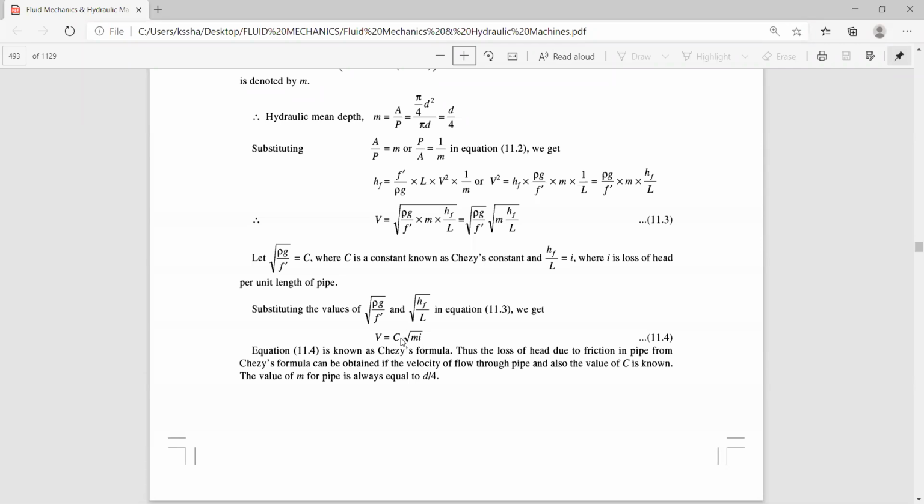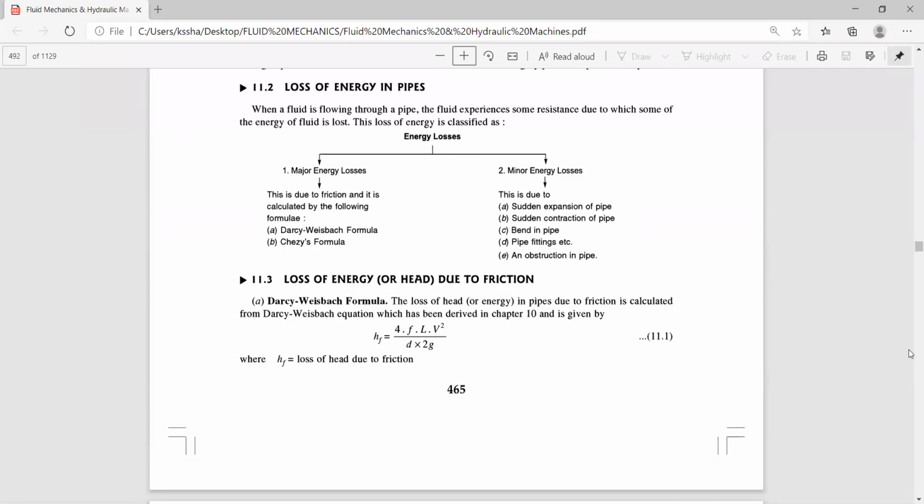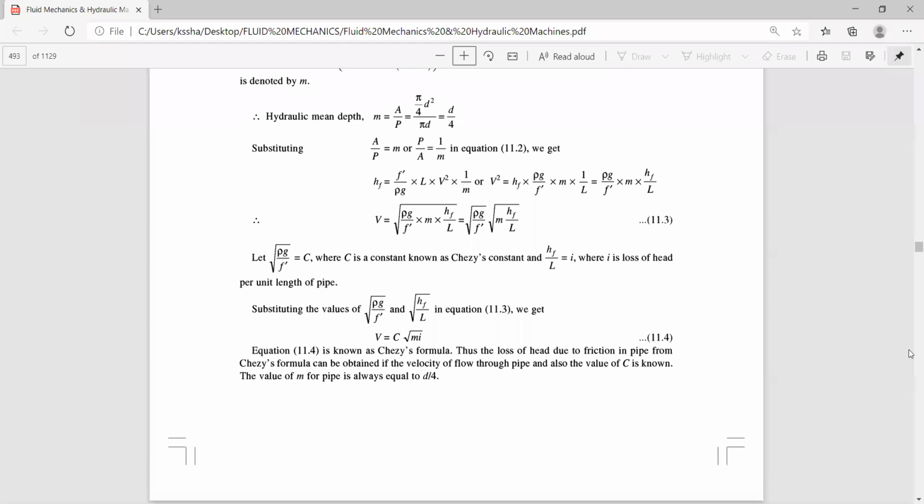This is Chezy's formula, where C is known as Chezy's constant, and i is equal to hf divided by L, and hf is the loss of head due to friction. Just now we have derived the loss of head due to friction from the Darcy-Weisbach equation. From that you will get hf. hf by L, if you do, you will get the i value.